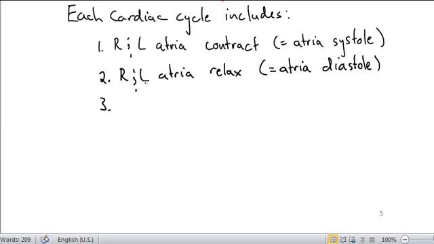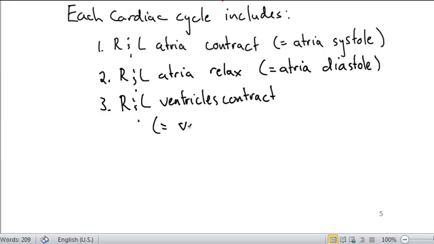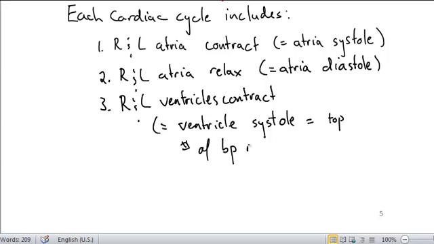And then, almost coordinated with the relaxation, sort of overlapping, the right and left ventricles contract. This is ventricle systole, which equals the top number of a blood pressure reading.